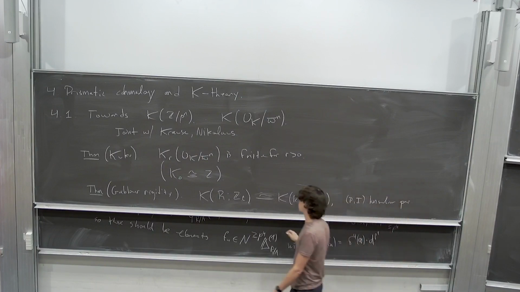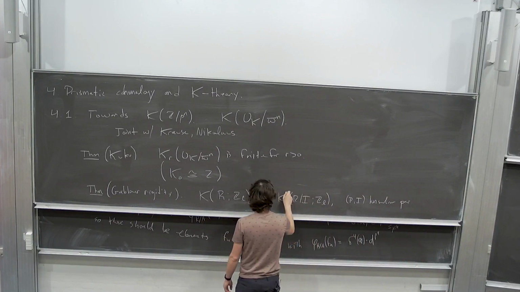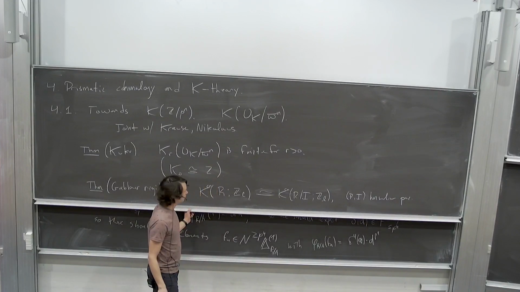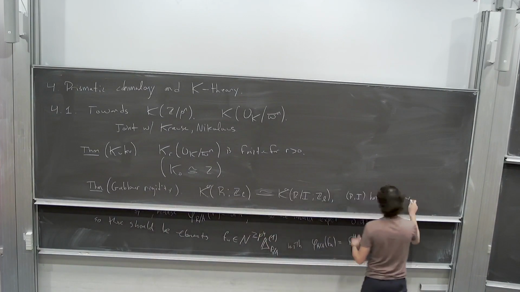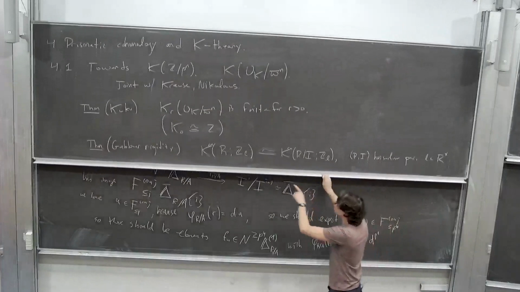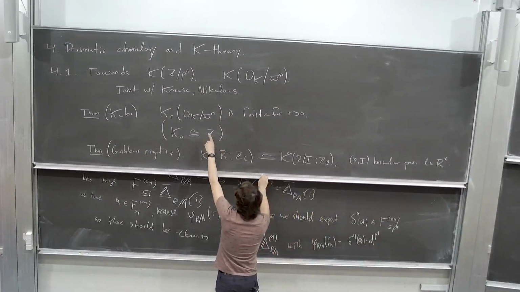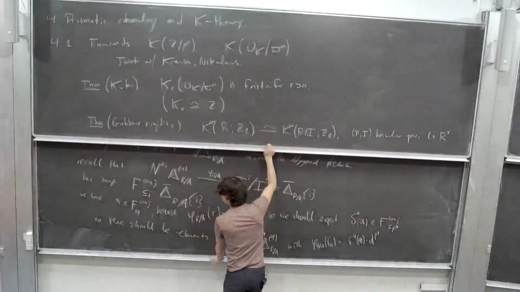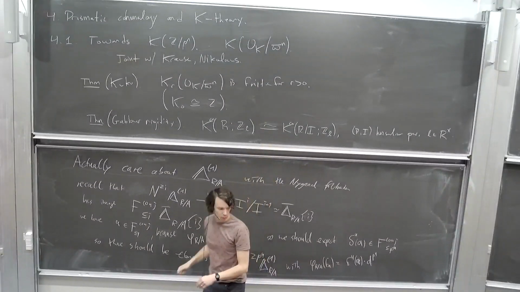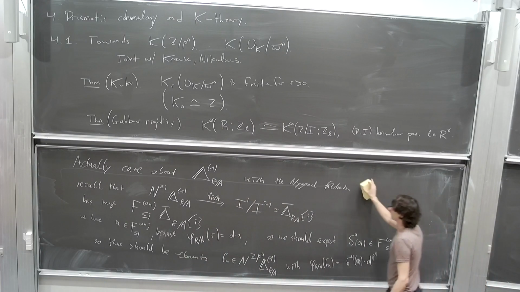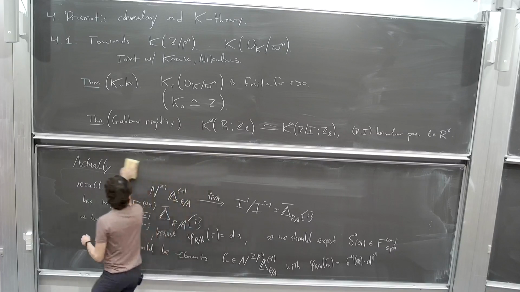Technically this is really true for connective K-theory. This immediately reduces the problem of computing the K-theory of O_K mod π^n. Well, we already know the K-theory of O_K mod π, that's Quillen's calculation of the K-theory of finite fields.